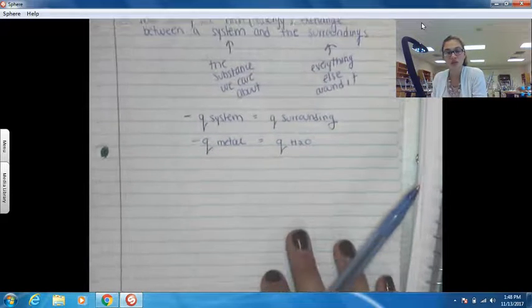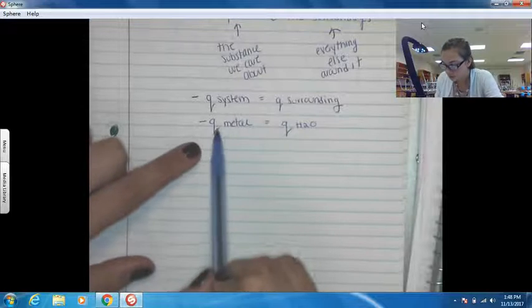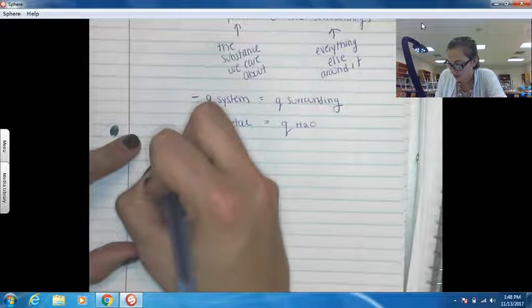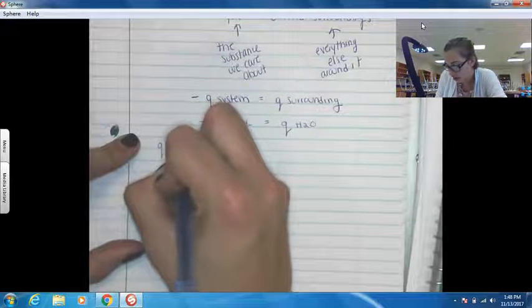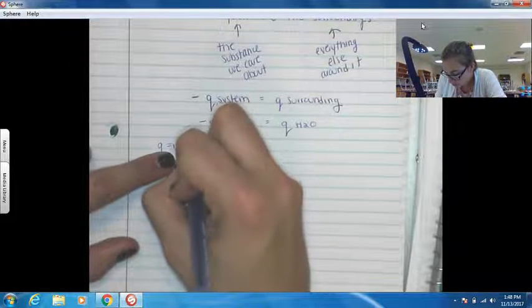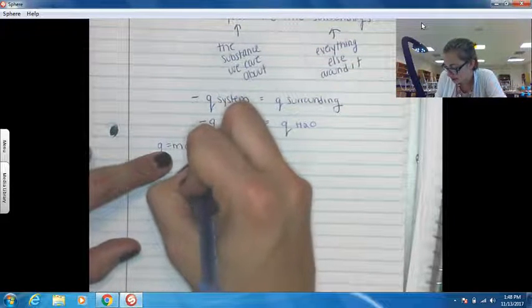So let's go a little bit more into this. We know that our specific heat equation tells us that Q is equal to mcΔT.